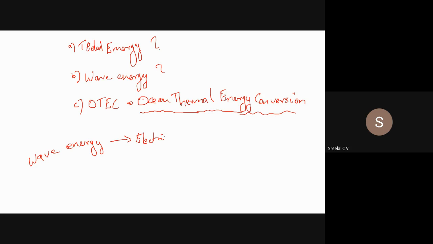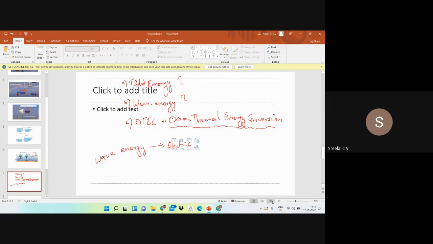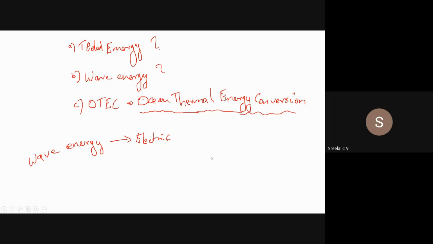From these three techniques, we are doing the same. The wave energy will be converted into electric energy.